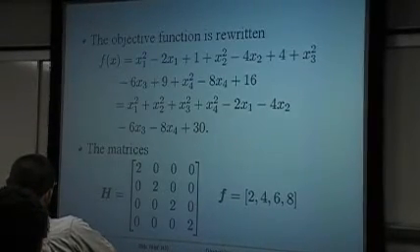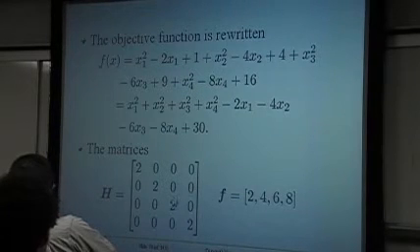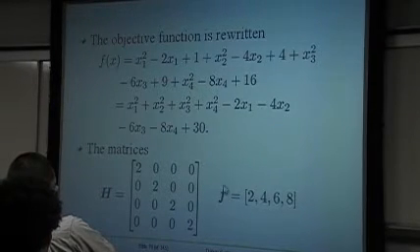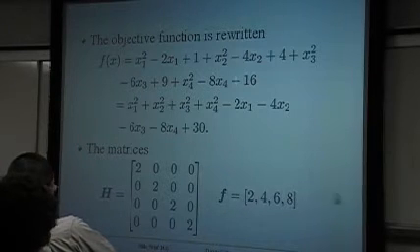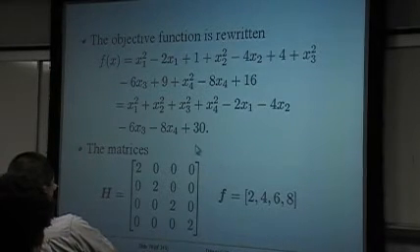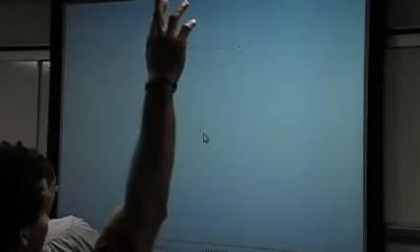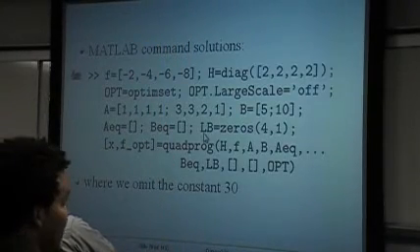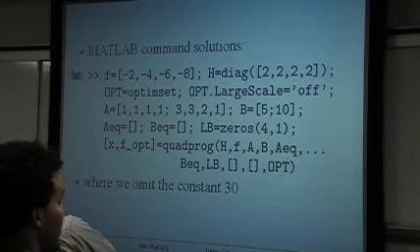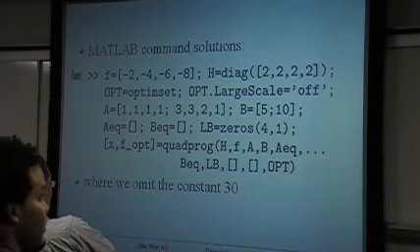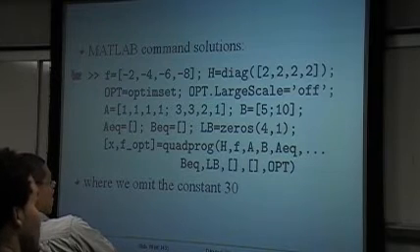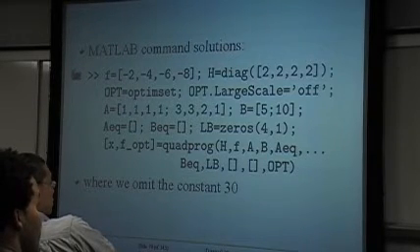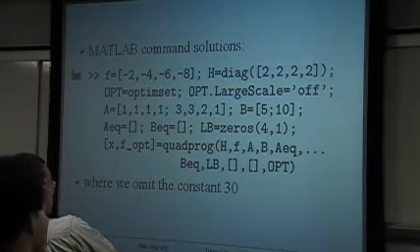We have the H matrix here, and we have the f vector, which actually should have the minus sign. H is going to be the same symmetric matrix all the time for this example, but for other examples, H might be asymmetrical for certain problems.